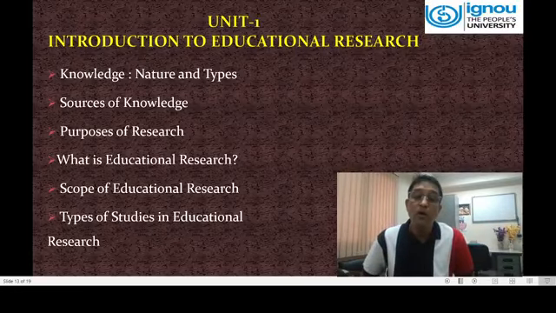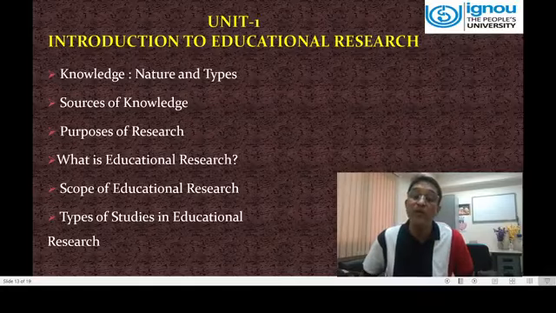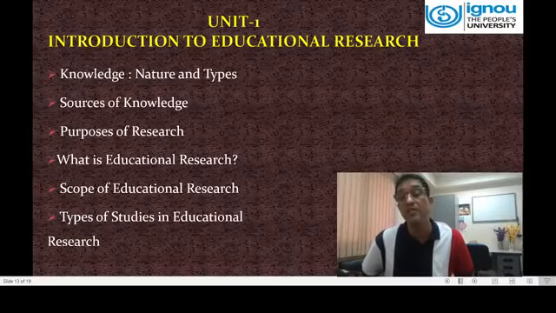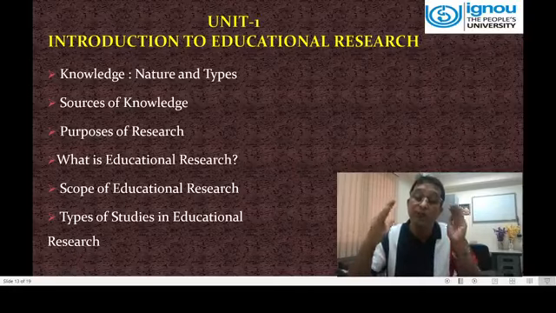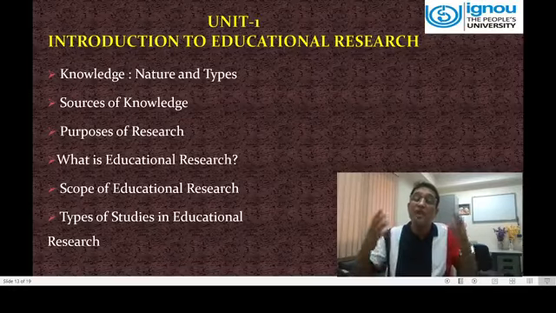One is conducting research by adopting the positivist approach, or conducting educational research by following the non-positivist, also called the humanistic approach. In the positivist approach, which is highly based upon quantitative data, which is objective in nature, you will find the study conducted in different science disciplines.